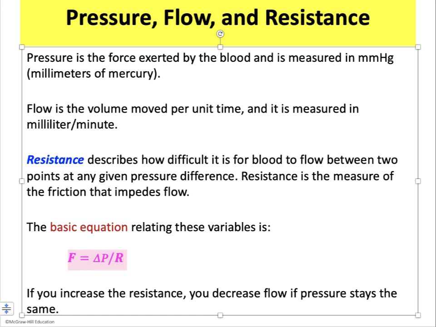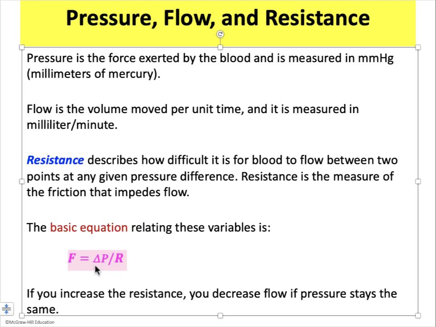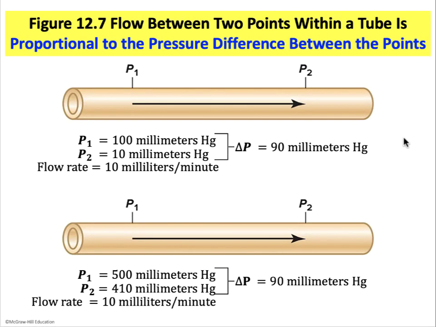The analogy to a river or canal is always useful for students. In the case of pressure, that can be related to altitude. So a river that's steeper will have more water flowing than a river that's more level. Figure 12.7 presents two graphics to help us understand that.